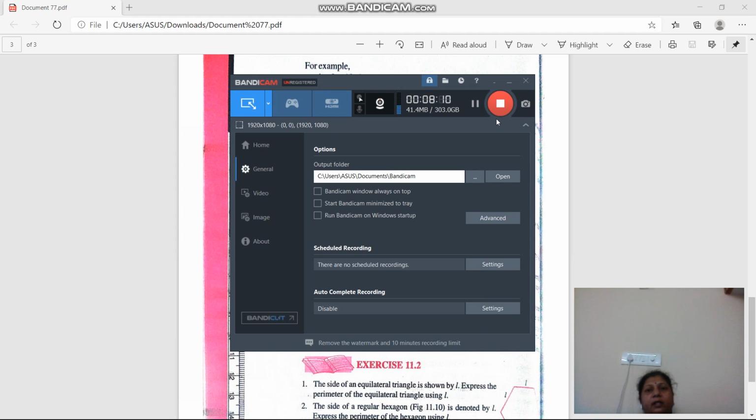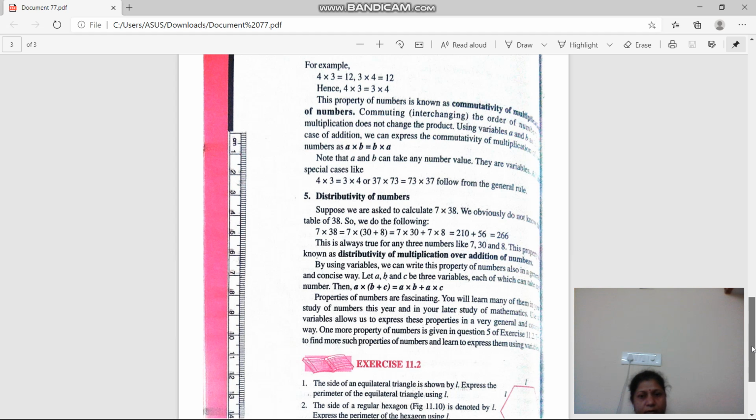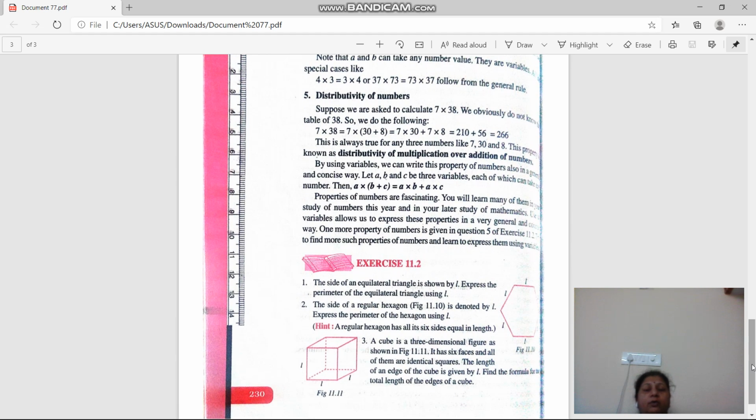After that I will start exercise 11.2, because it is very necessary that you know how to use the variables. Okay, you have to first of all understand which formula we are going to prove, then how to use the variables.